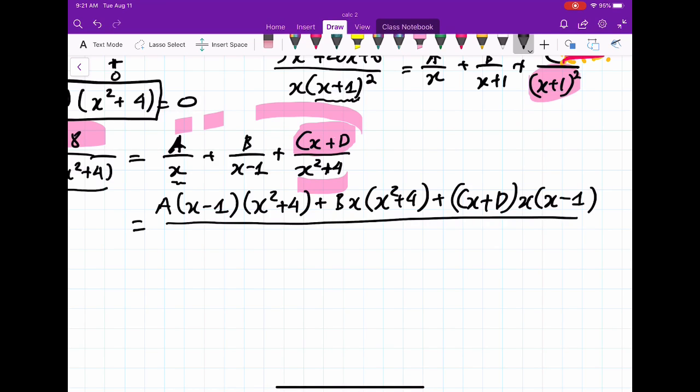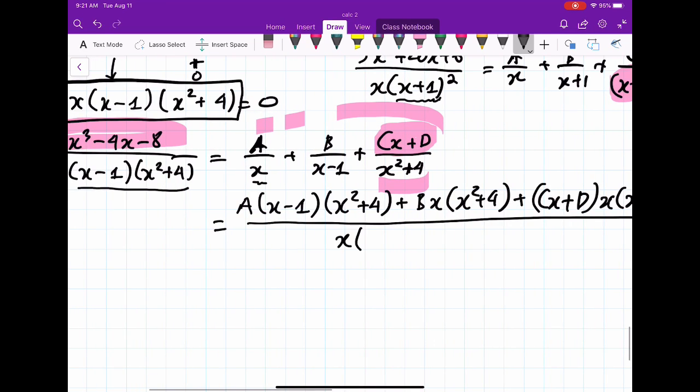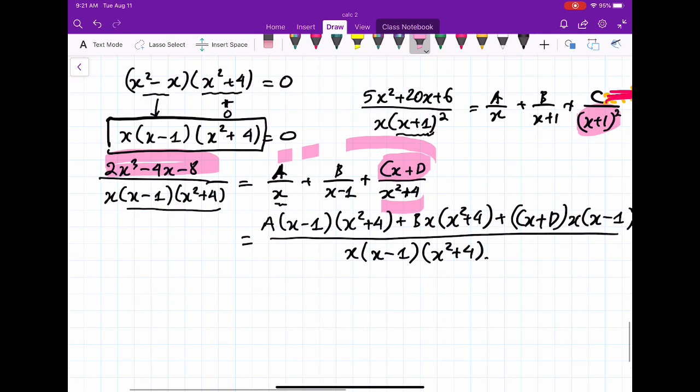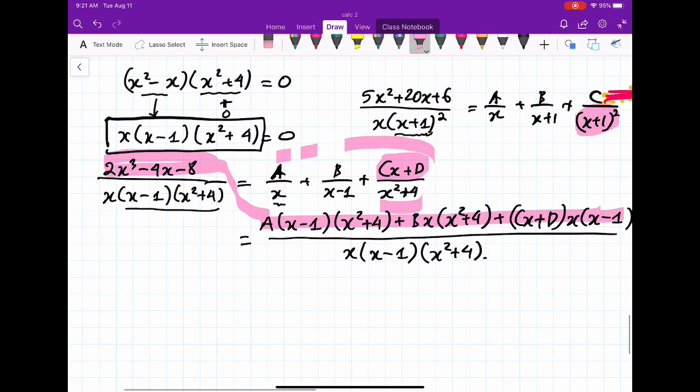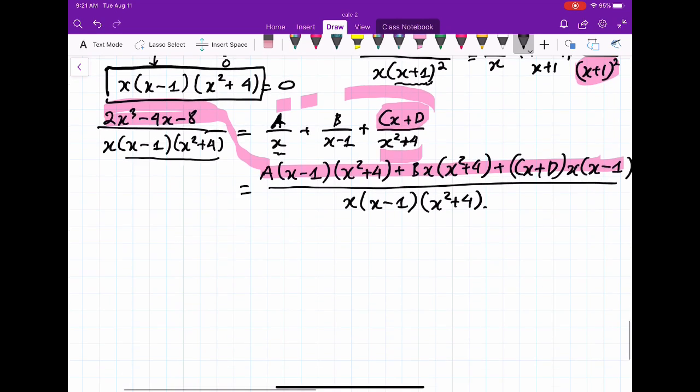Everything divided by x minus 1 and x squared plus 4. And now you just need to compare these two. So just be careful in computation, right? Okay, let's do that.